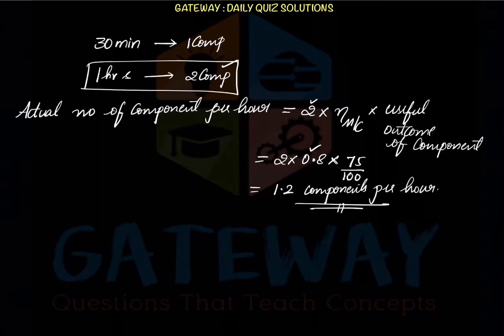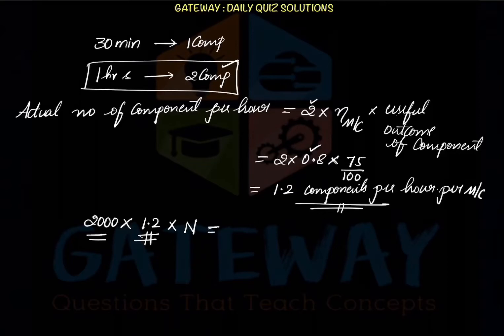Okay, so this is 1.2 components per hour, then for 2000 hours, so we are functioning for 2000 hours, right? Into, we are making 1.2 components per hour per machine. Here we need to calculate the number of machines to finally get the desired outcome, that is 60,000 units. So 2000 hours will be working on one machine, and we'll be making 1.2 components on one machine, into the number of machines.